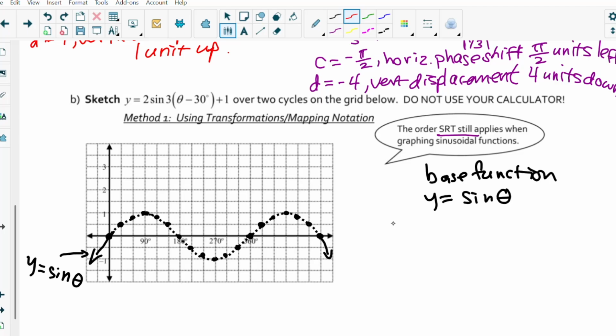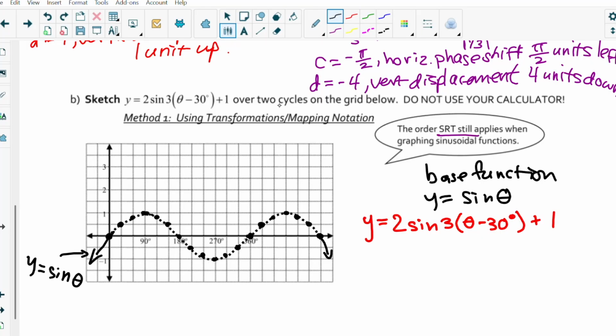Okay, let's start mapping out our different transformations going on. So if I have y equals 2 sine of 3 theta minus 30 degrees plus 1, we got all the different transformations going on.